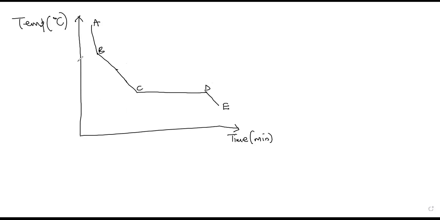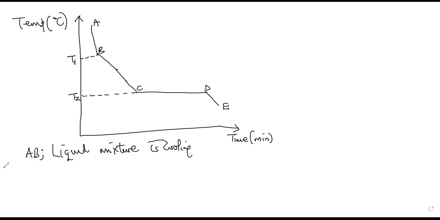So this one, let me call it T1, and this one T2. And I describe my points. Along AB, the liquid mixture is cooling.